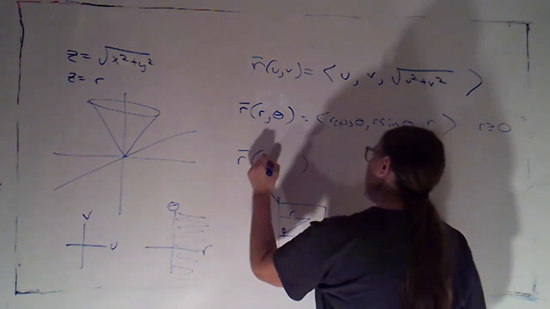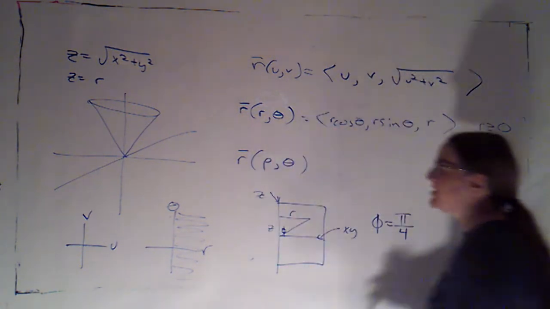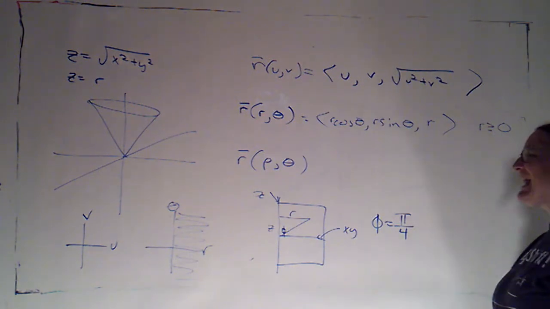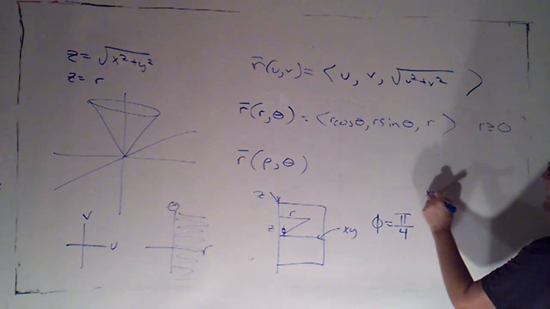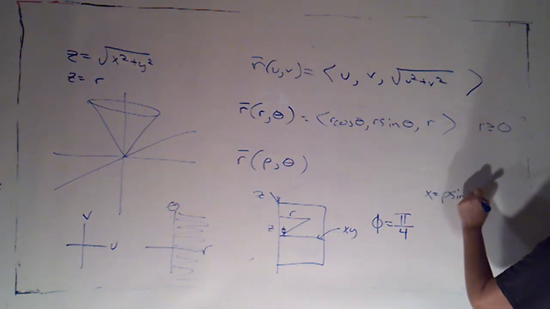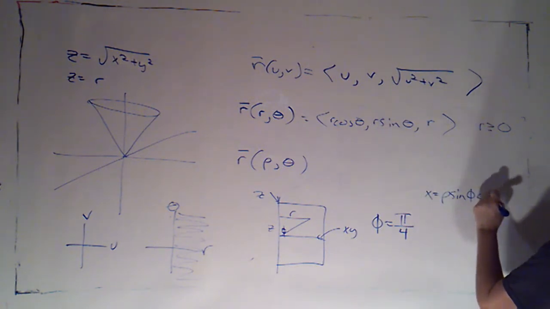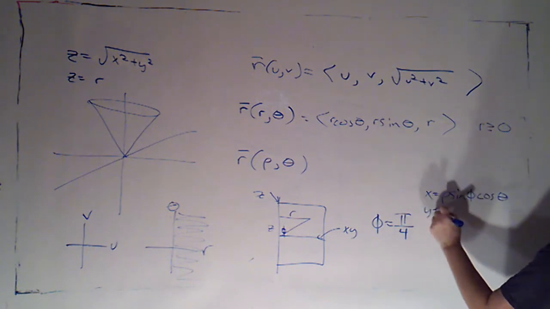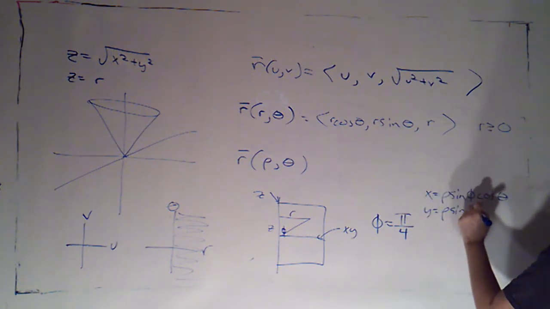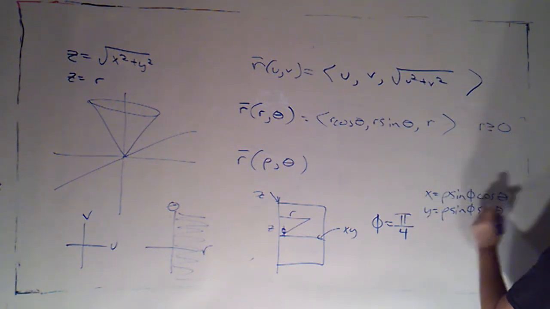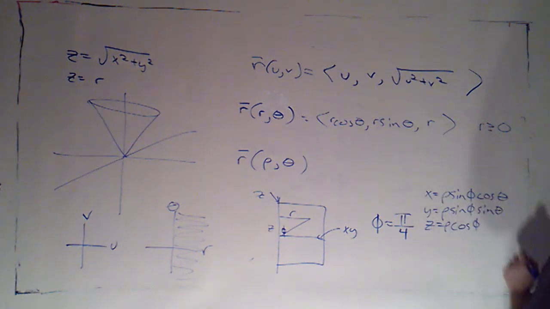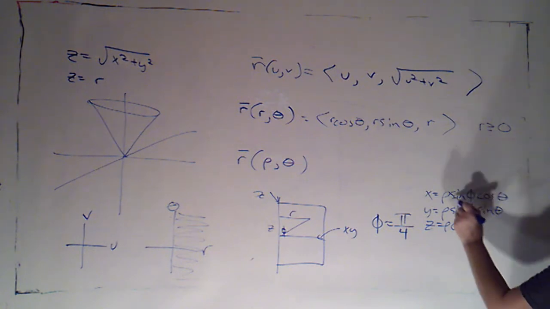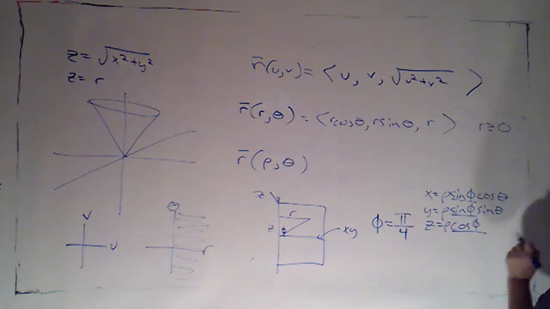So now I can describe this in terms of rho and theta. So remember, in general, x is rho sine phi cosine theta. Y is rho sine phi sine theta. And z is rho cosine phi. Now all I'm doing is replacing phi with pi over 4.